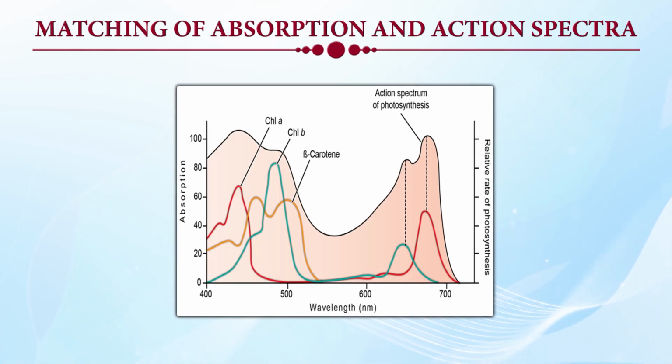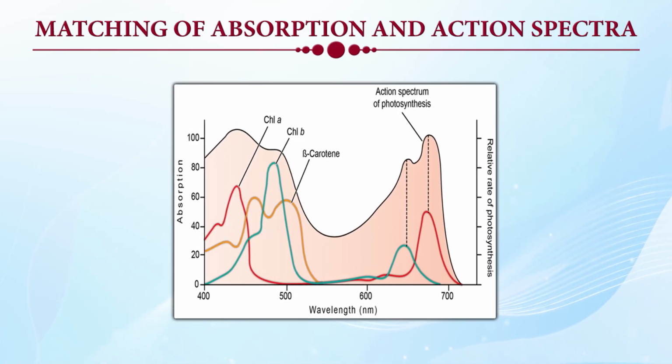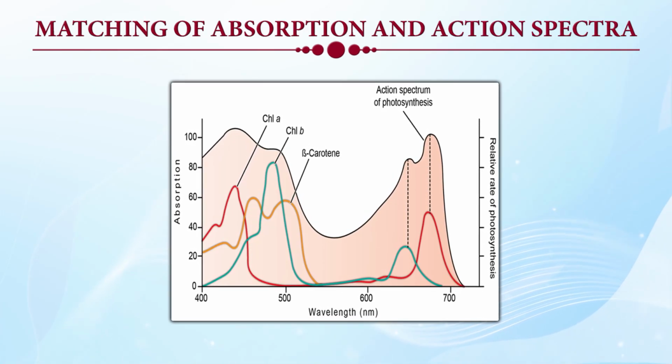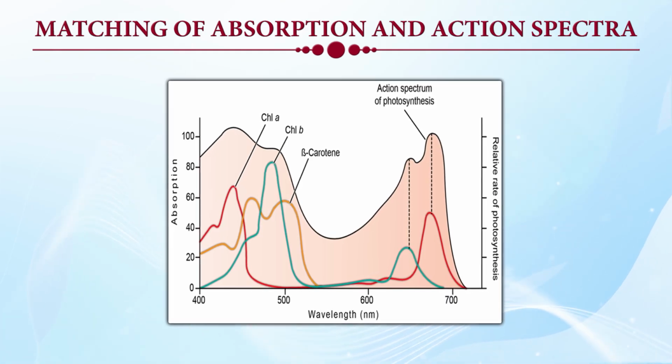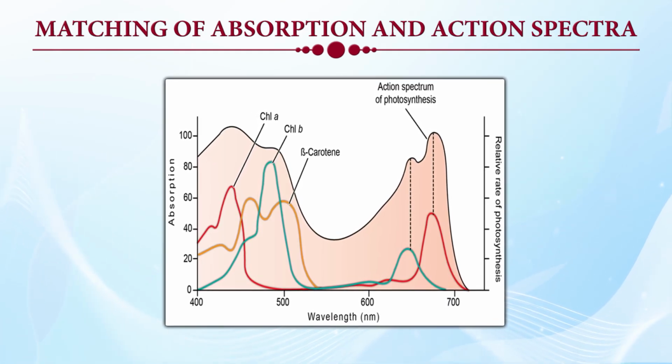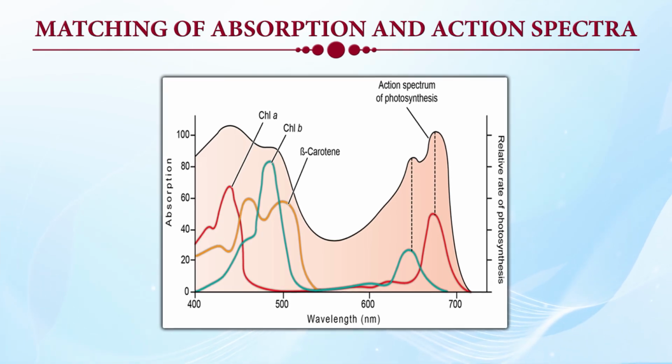Now, one of the other very, very interesting coincidences in nature has been that chlorophyll A matches its absorption and action spectrum to the highest level as compared to other pigments.